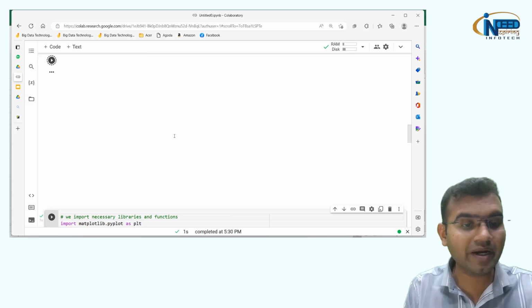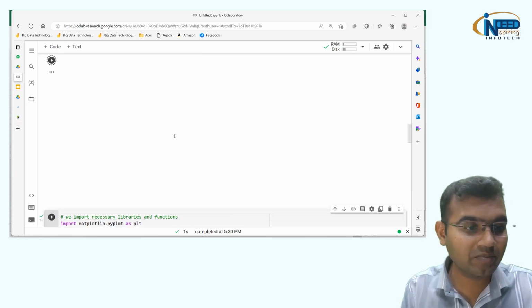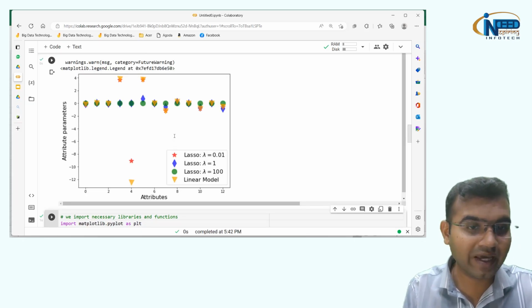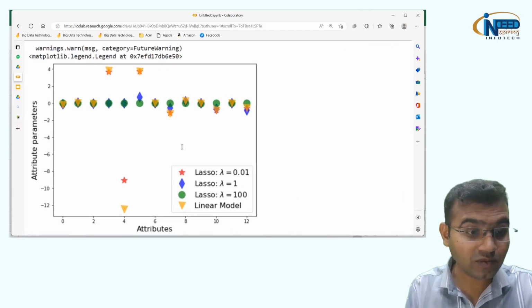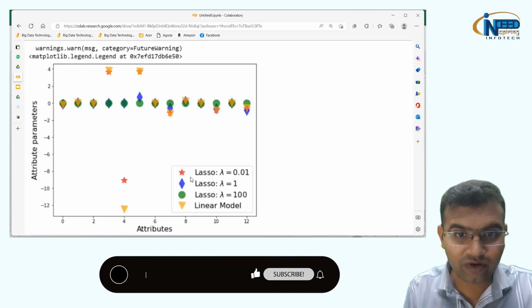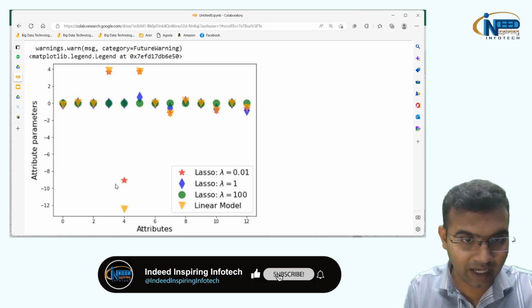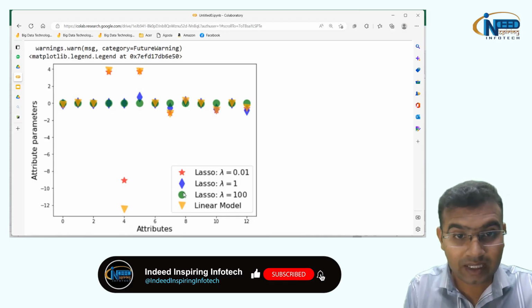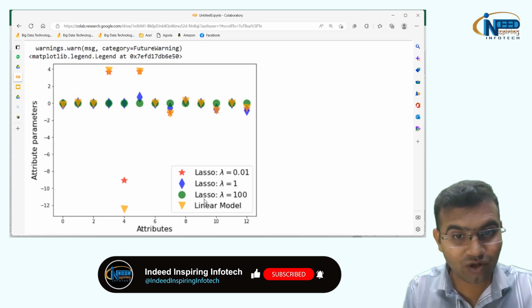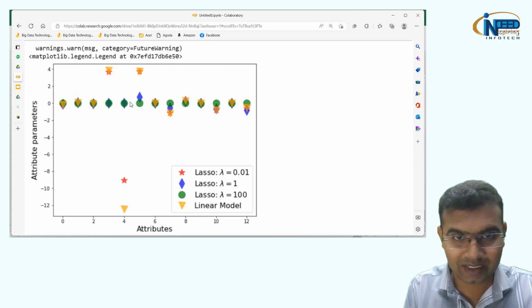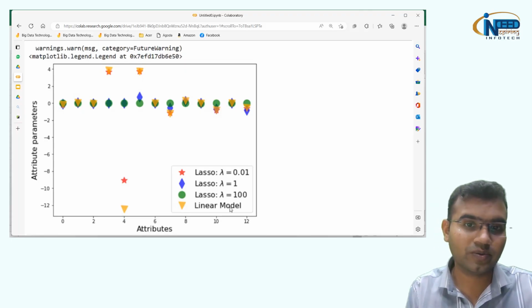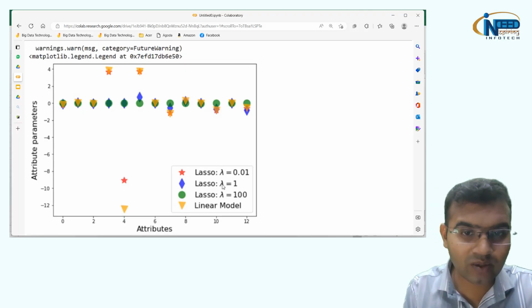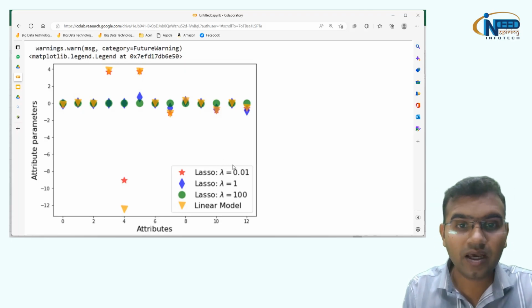Once we implemented it, the kind of observations we get are these: here we have lasso with star symbols, then lasso with diamond symbols, lasso with lambda symbols. You can see all of them here, and you can see the linear model also. Here we have a regularization parameter, which is lambda.